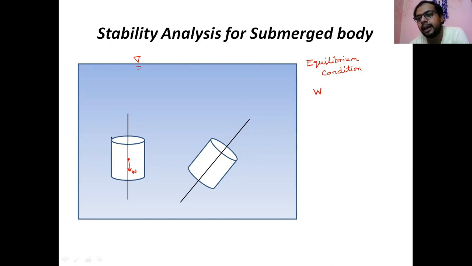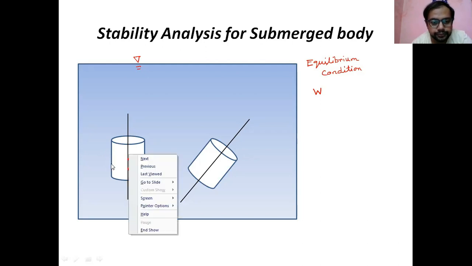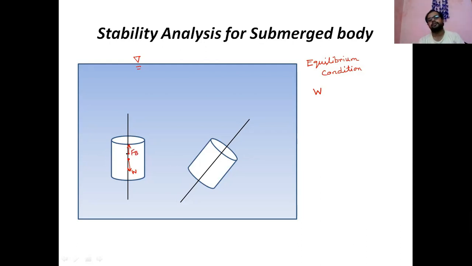The displaced liquid has a weight, and this weight will act in the net upward direction as a buoyant force. So the buoyant force is the net upward force. W is acting from the center of gravity and the net buoyant force acts through the center of buoyancy.